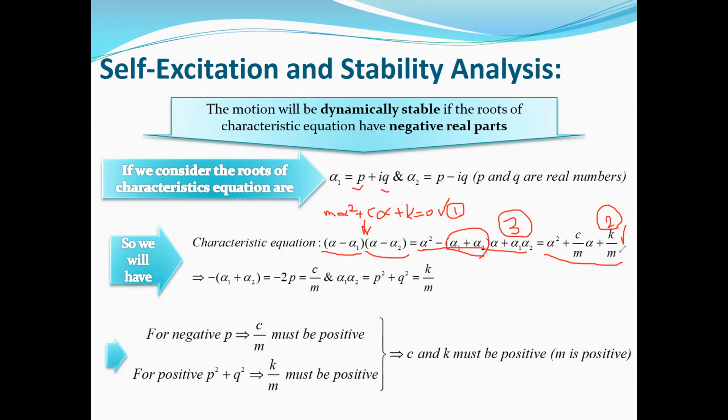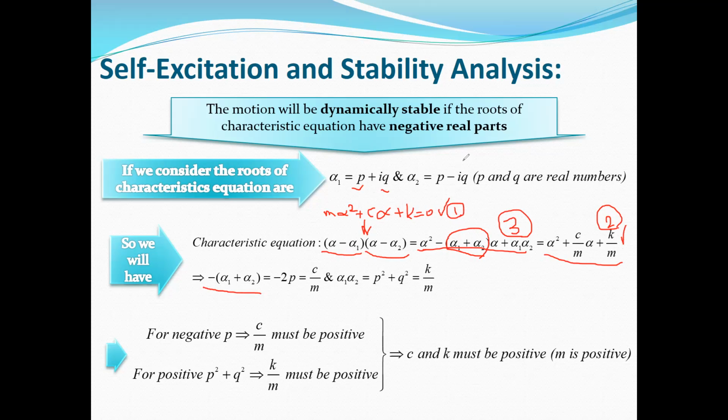And also k divided by m, which is alpha 1 multiplied by alpha 2, is the constant part of the two equations, 2 and 3. So we can easily conclude that minus alpha 1 plus alpha 2, which is p plus iq plus p minus iq.